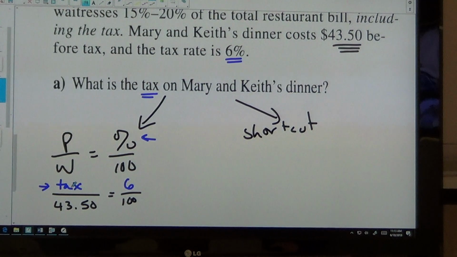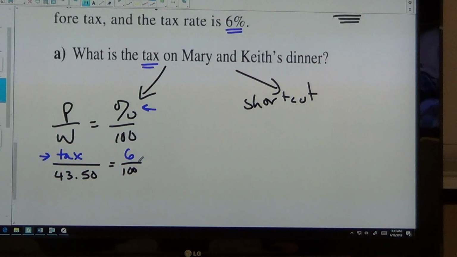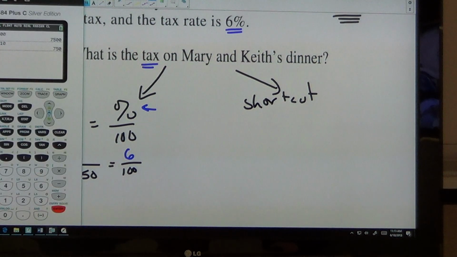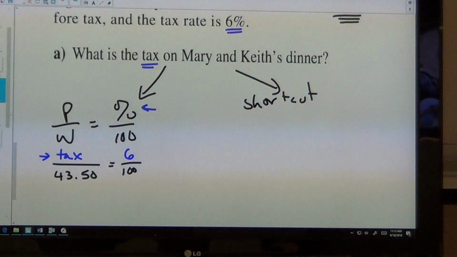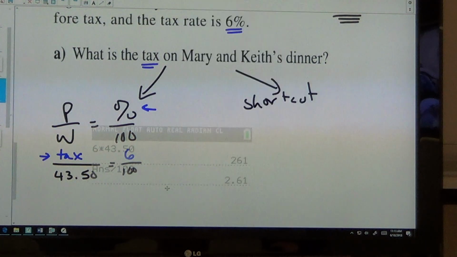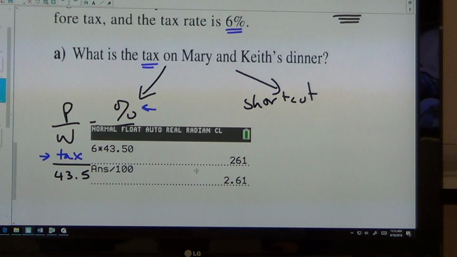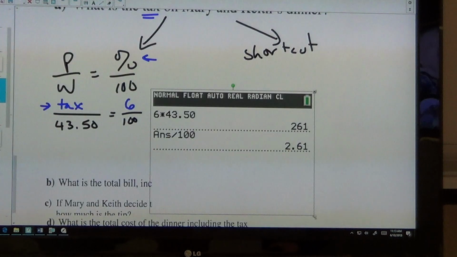Y'all with me? Yeah. So if I go to do my cross multiplication over here, I'm going to do 6 times 43.50 and then divide by 100. So you have to understand what you're doing. What does that $2.61 represent? The part.